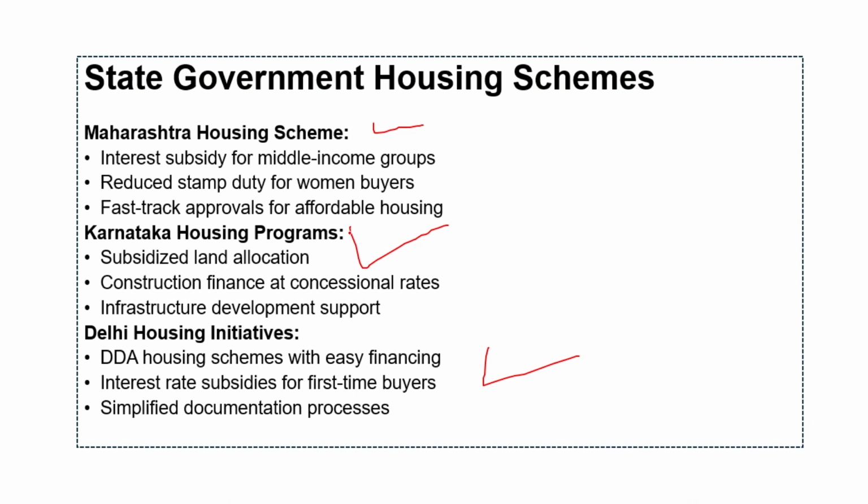Karnataka approach focuses on supply side intervention through subsidized land allocations. So they are looking towards the supply side. Then infrastructure development also, the thrust is there, they will provide for this. So reducing overall project costs that benefit end consumer.